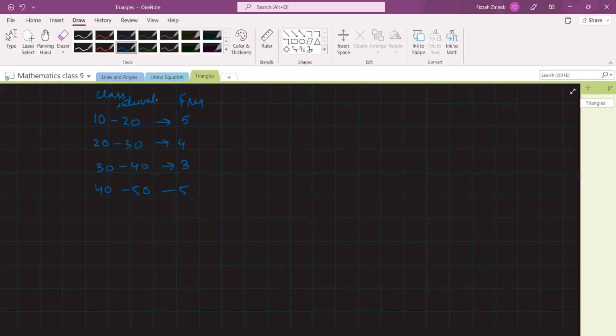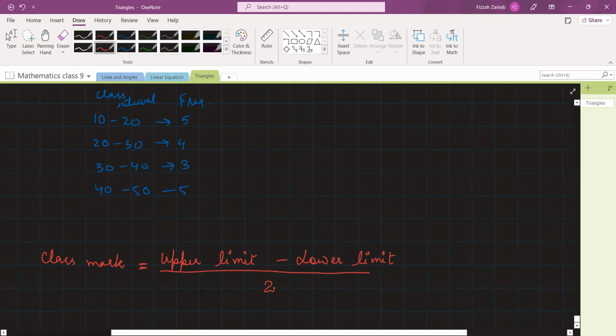So as I told you, you have to find the mid value of the class interval that we call class mark. So first of all, note the formula for class mark. So this is upper limit and minus lower limit and then divided by 2, right?